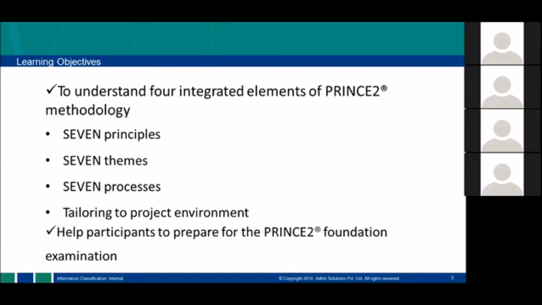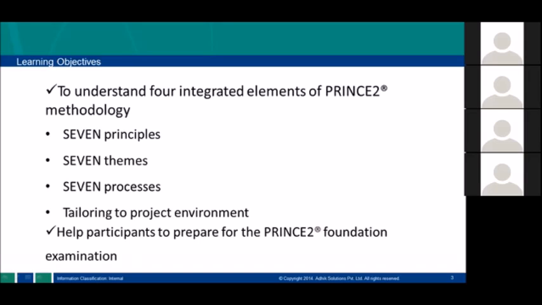If I talk about the architecture, the framework for PRINCE2, the structure is PTPT. This PTPT means principles, themes, processes, and tailoring. So this is the structure we have. 7 principles, 7 themes, 7 processes, and tailoring.